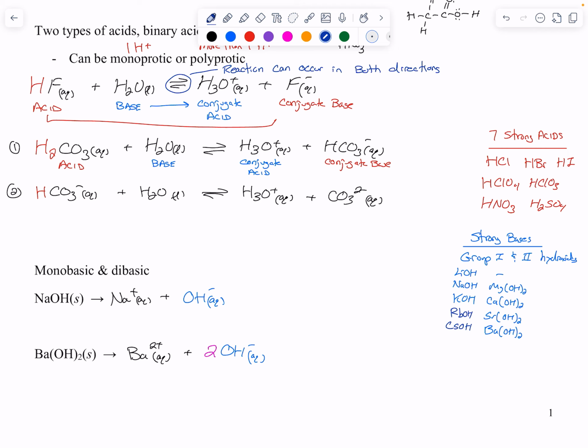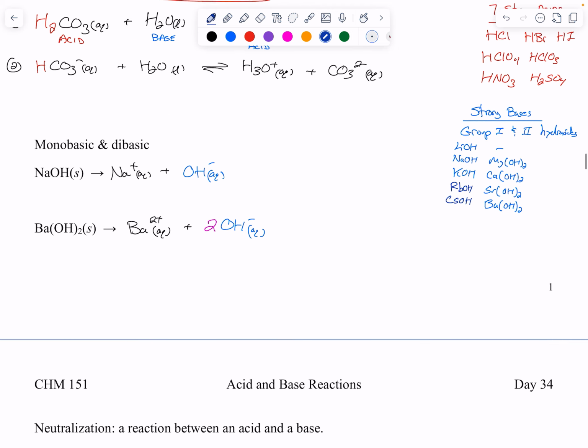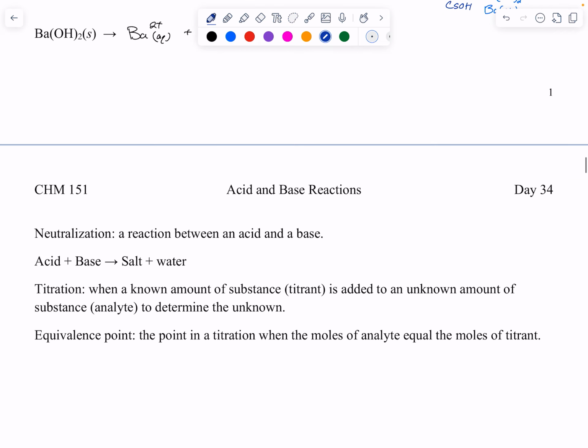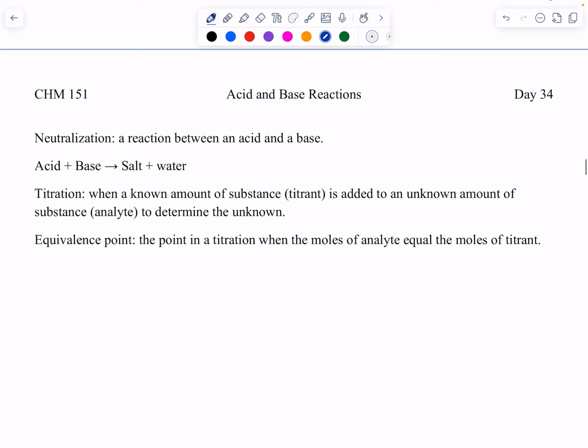Now, when these acids and bases react, whether strong or weak, even weak ones, it's a neutralization reaction. That's a reaction between the acid and a base. And the products are salt and water. That's always the case. Now, a lot of times we have to add an indicator.